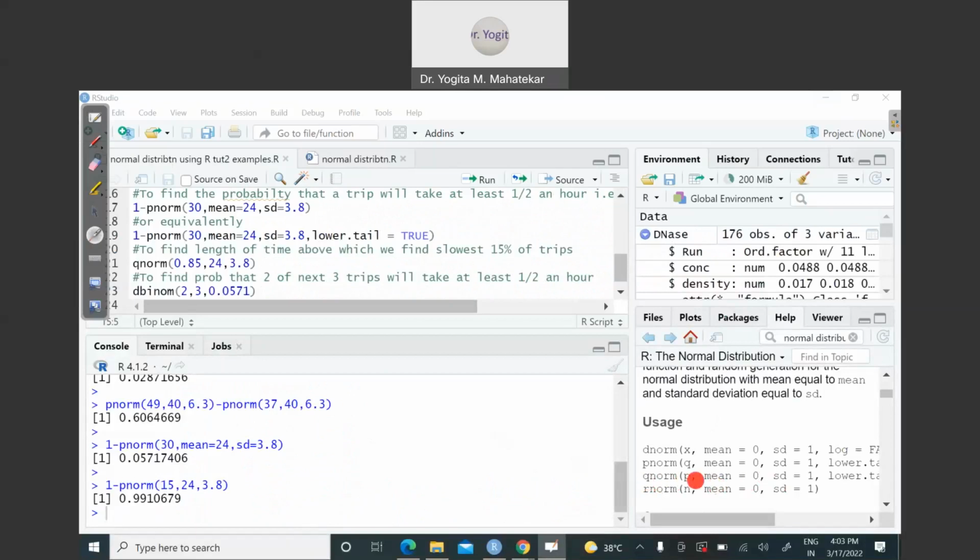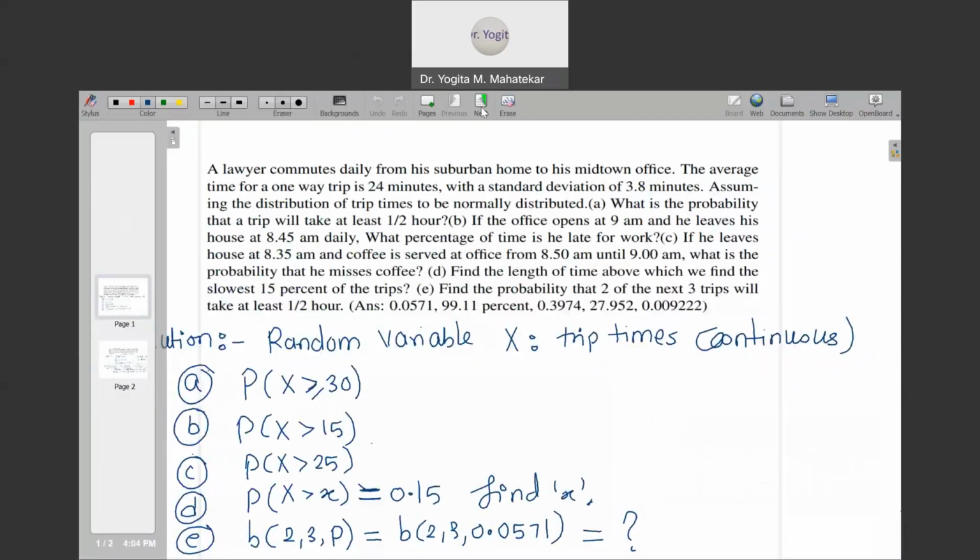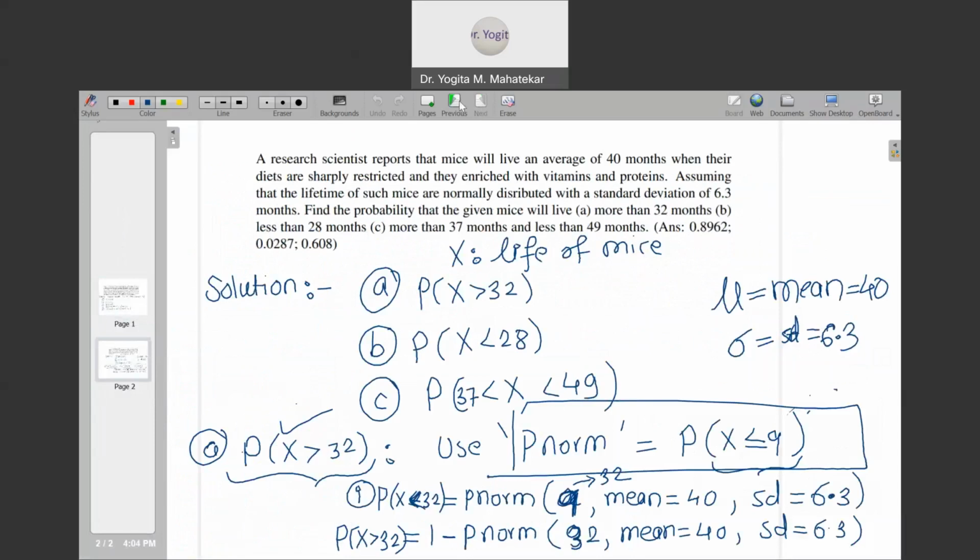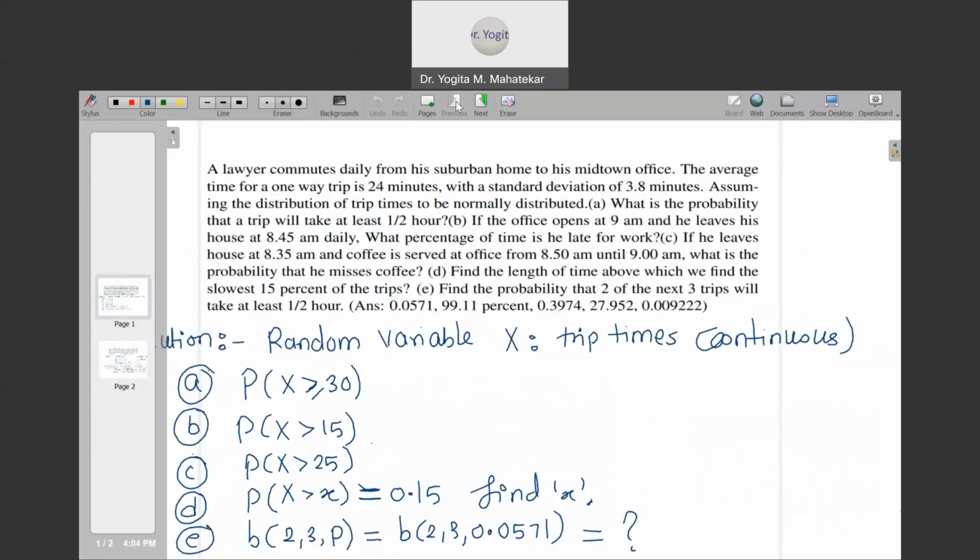Qnorm syntax is the same. Basically, the first parameter you need to understand is the corresponding probability that is appearing on the right hand side. So the pnorm command, basically what it does is it will give you the probability. Let me write it over here.